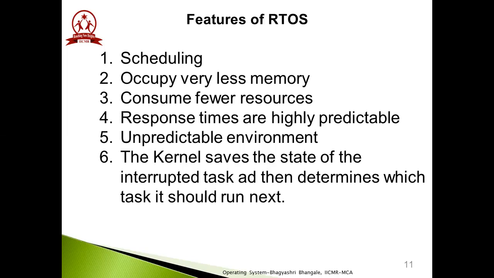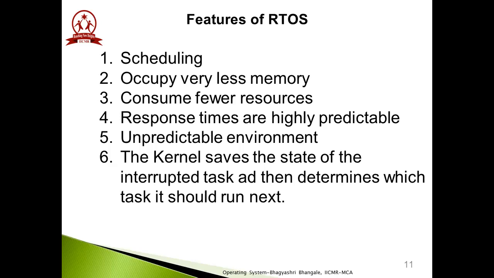First is scheduling. Scheduling means this RTOS can do priority-based scheduling. Whatever job and process want to execute, that job has some priority, so on the basis of that priority setting, it can be scheduled.